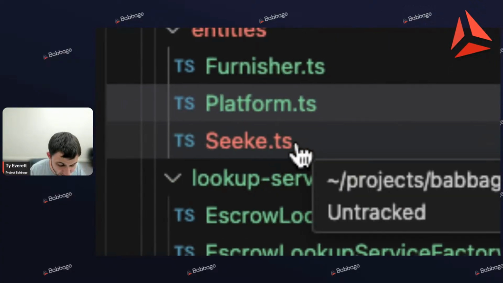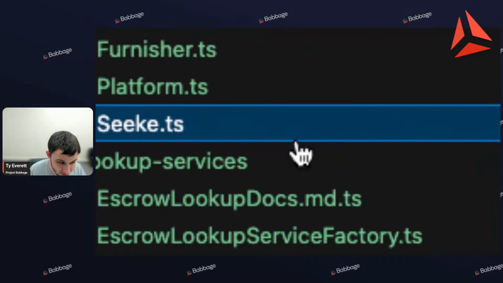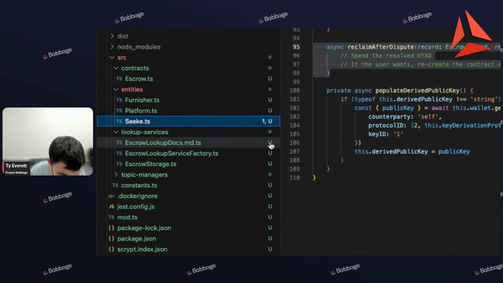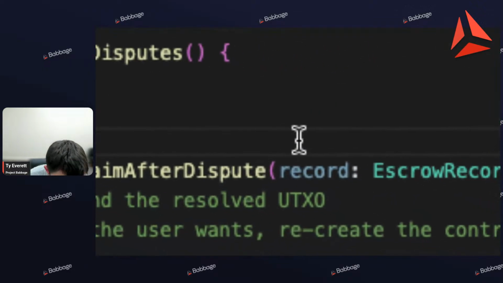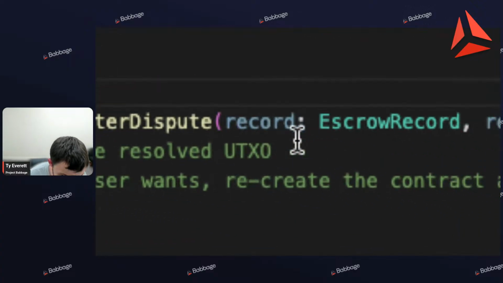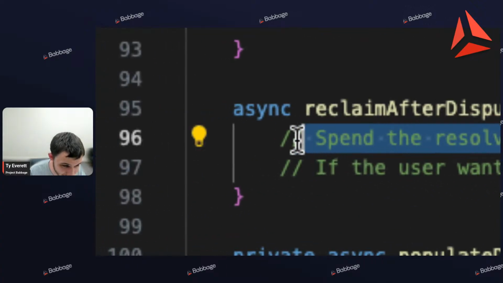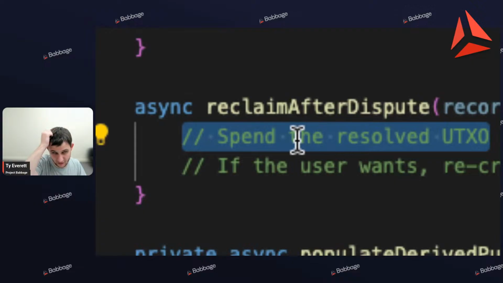Now, the issue here is the methods, the architecture of the methods. So in the seeker, when I want to get paid from a dispute or reclaim after dispute, what happens is I don't spend the resolved UTXO. That only happens when the state only goes to resolved when the contract ends according to the satisfaction of both parties.